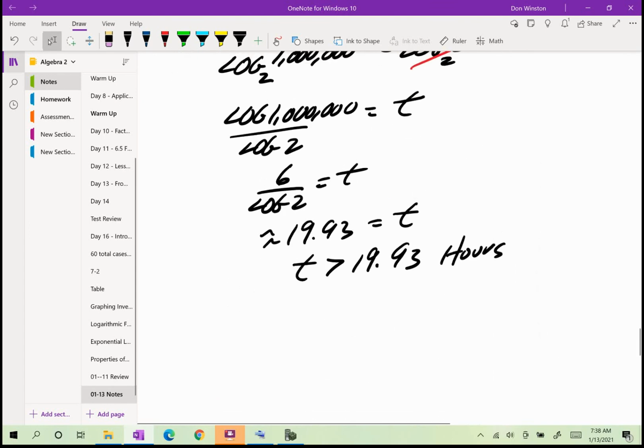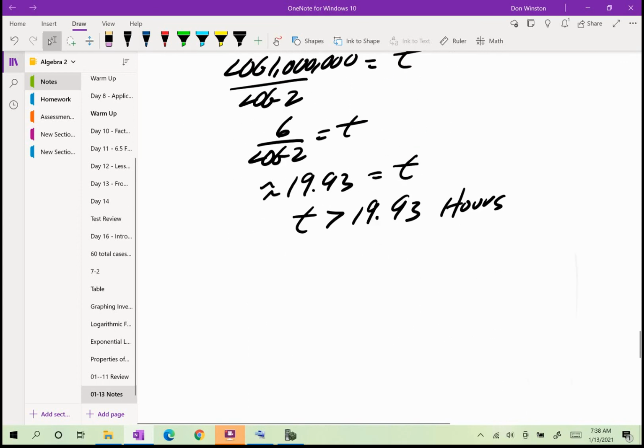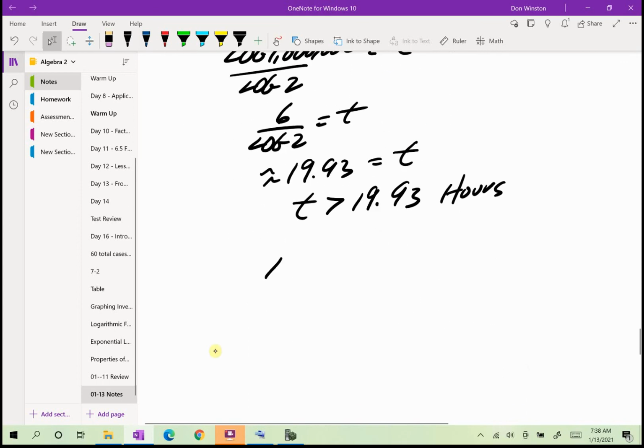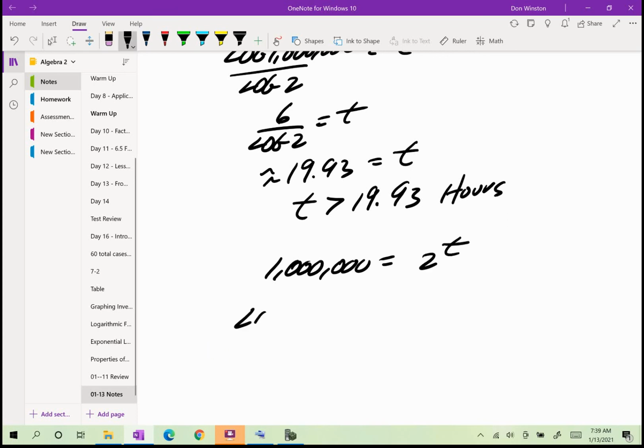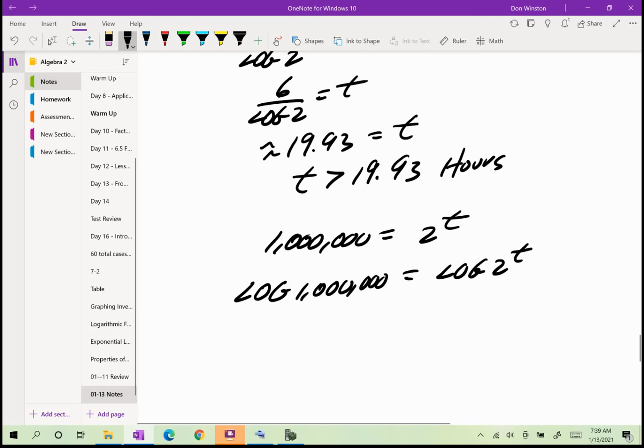Okay, the other way I could have used common logs right off the bat. So we had 1,000,000, and maybe this is where using common logs would have worked, I could have taken a common log of both sides. So the common log of 1,000,000 equals the common log of 2 raised to the t. But then I'd have to remember to bring the t down, because of the power property.